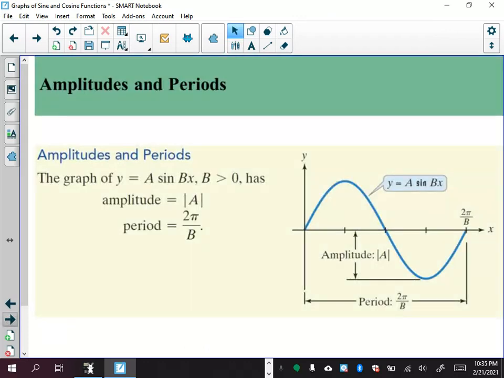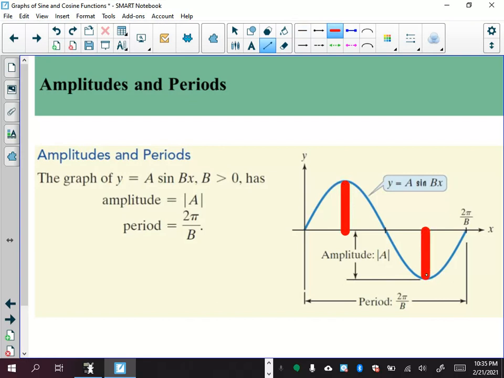So amplitude, that's the height. That's the height you are from the x-axis to your max value and your min value. The nice thing about it is whatever it is here, it's going to be the same distance over here. And so that's the amplitude.